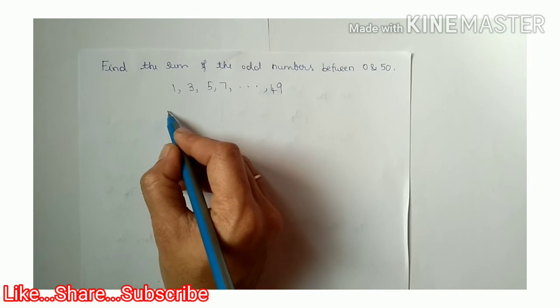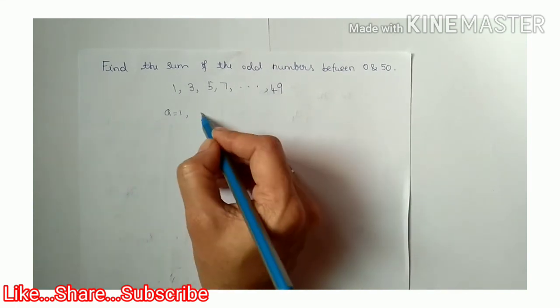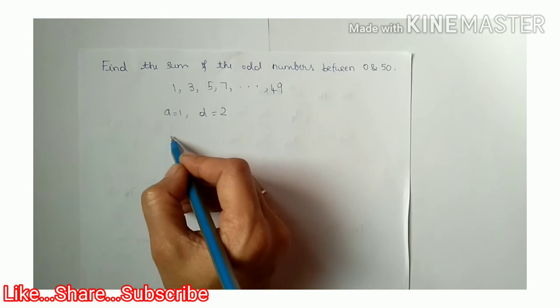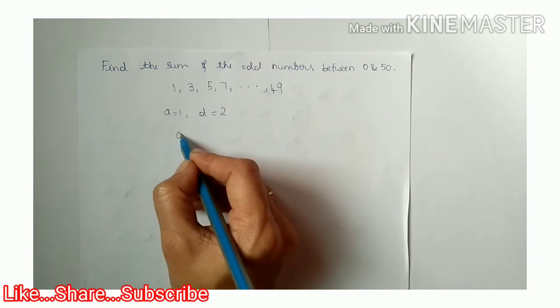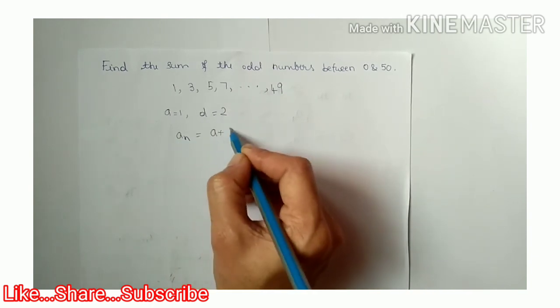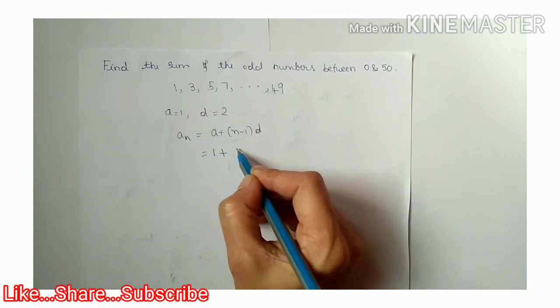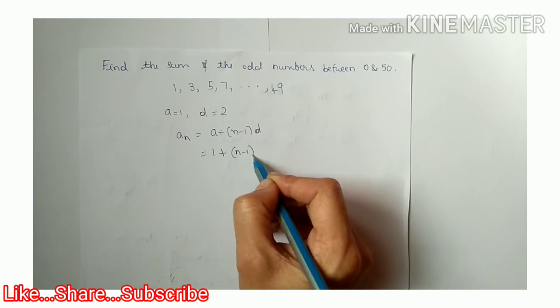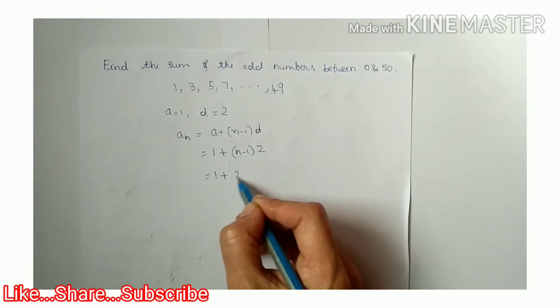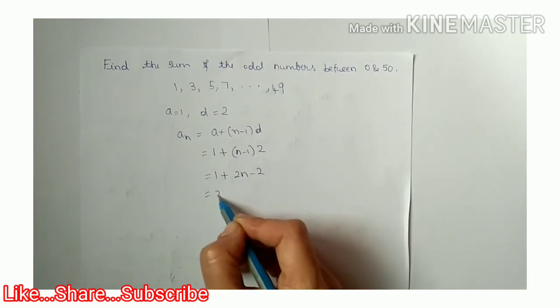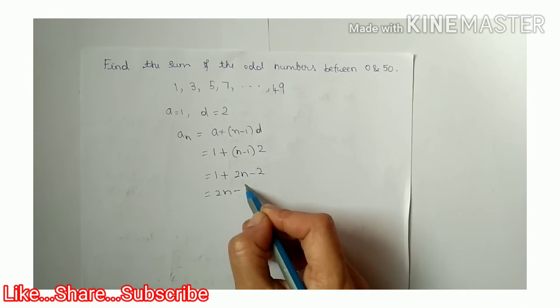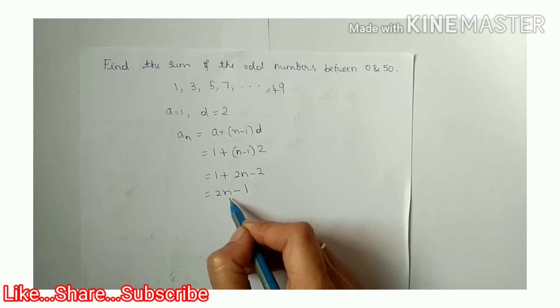Here, the first term is 1 and the common difference is 2. The nth term of an AP, an, is equal to a plus (n minus 1) into d, which is 1 plus (n minus 1) into 2, 1 plus 2n minus 2, so 2n minus 1.